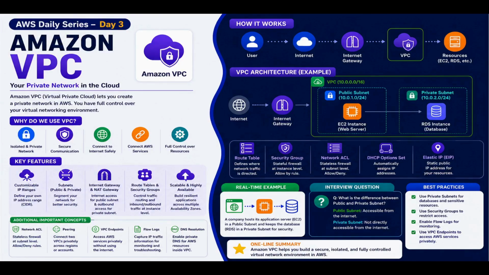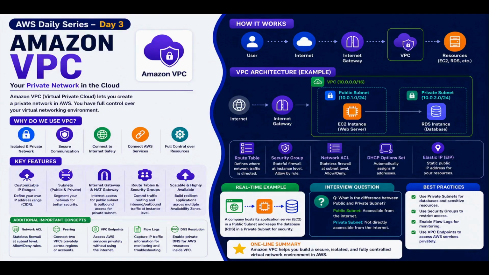Now, let's talk about some additional important concepts. The first one is Elastic IP. Elastic IP is a static public IP address that can be attached to AWS resources. Next is NAT Gateway. Suppose resources inside a private subnet need internet access for updates or downloads. We use NAT Gateway for that.